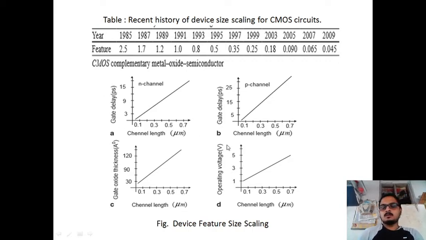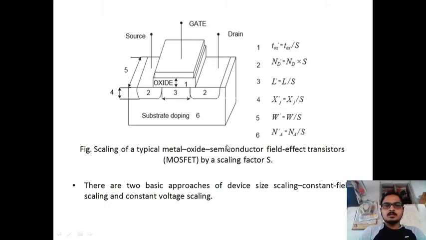See this one, when we scale the MOSFET by a scaling factor S, what will happen? In this figure we will clearly see what is happening when we scale the MOSFET by a scaling factor S. See here, these are the six terms we have in MOSFET.